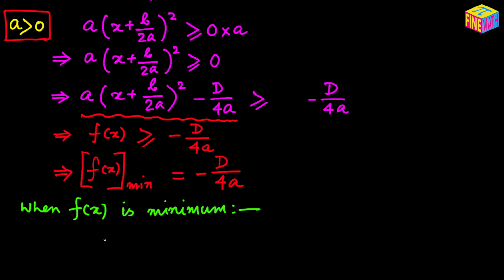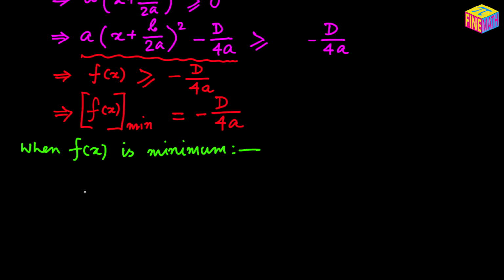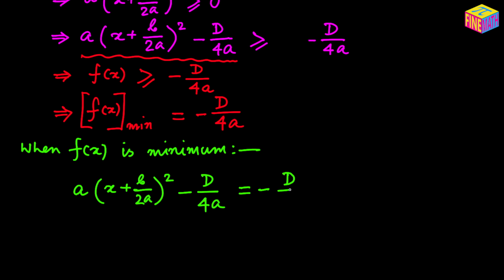That means we can say that our original function, which was written as a times x plus b by 2a whole squared minus d by 4a, will be equal to negative d by 4a when the function value is minimum. So at the vertex, the value of the function is negative d by 4a.